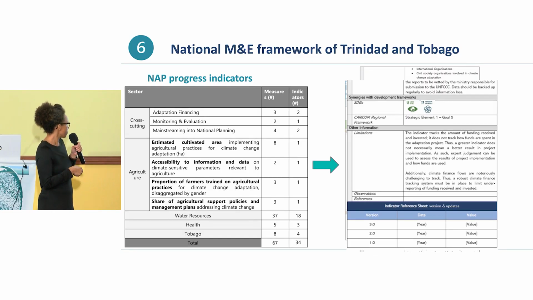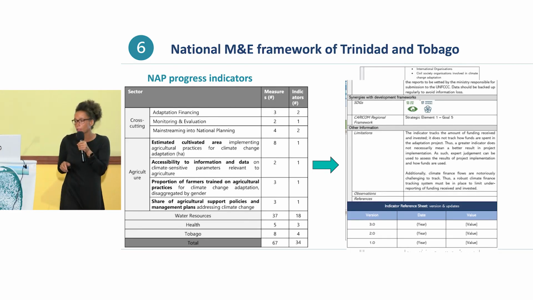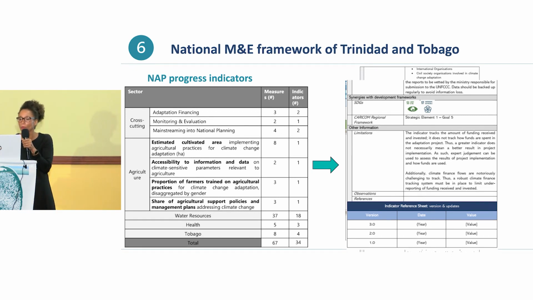So it is very important to work with the community in order to have climate change adaptation approaches which are climate change friendly, and the share of agriculture support policies and management plans for addressing climate change. And you had been involved in developing these indicators.